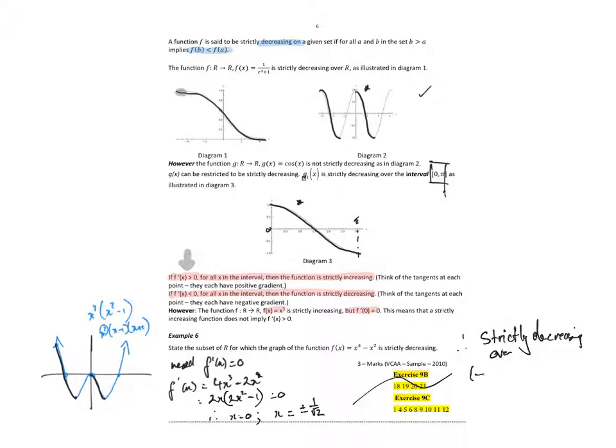From minus infinity to that turning point there, which is at negative 1 on root 2, inclusive, union 0 to positive 1 on root 2, inclusive. Okay? I reckon that is about it. Right.